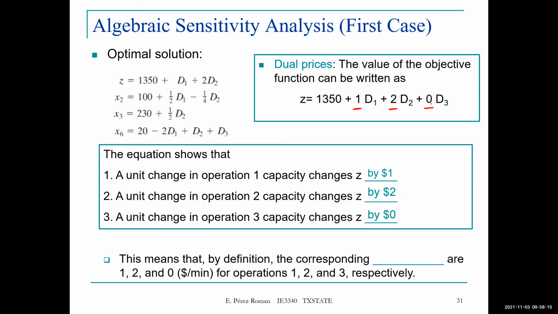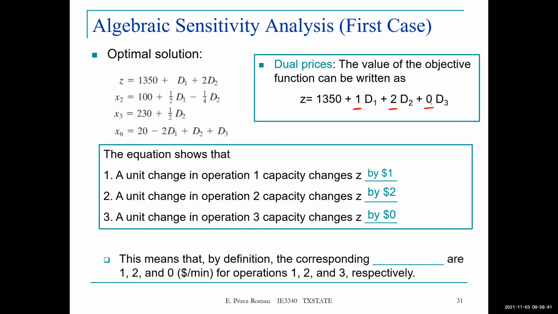If you increase D2 by 1, let's say D2 equals 1, then you're going to multiply that times 2, and that will increase your profit to 1,352. If you increase D3, it's not going to make a difference because that's going to be multiplied by 0. So if you increase the capacity of operation 3, you are not generating any new profit.